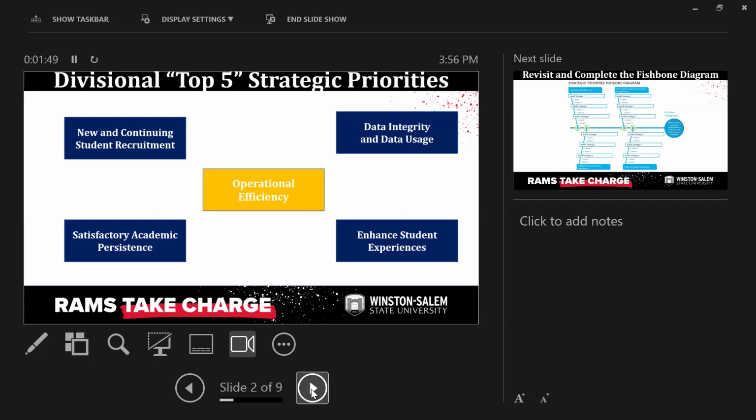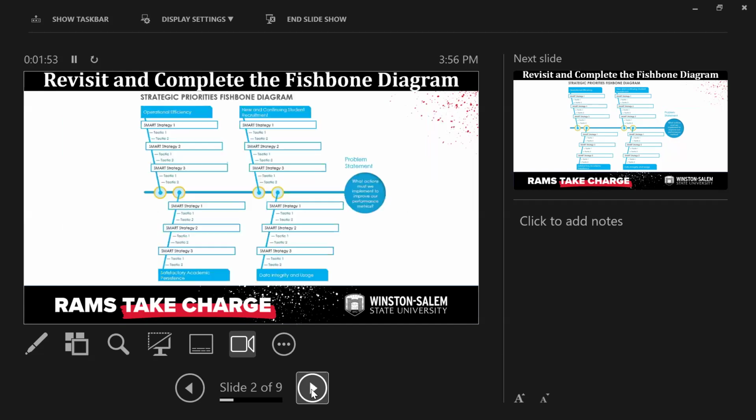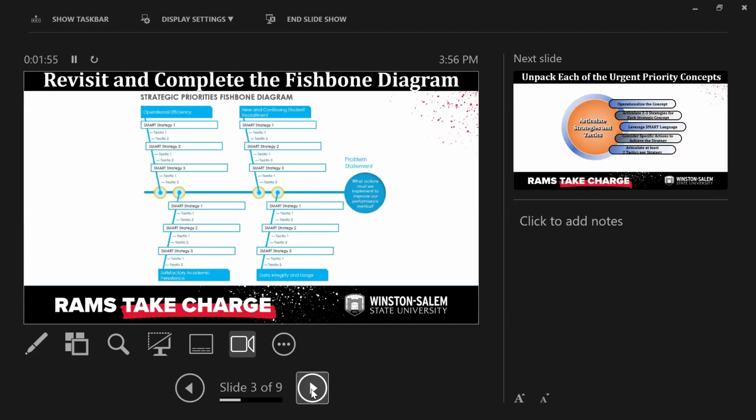So, we need to spend time unpacking each one of these priority concepts. My ask of you is to revisit and complete the fishbone diagram with these five concepts now integrated into it. Our job will be to take each concept and begin to articulate a SMART strategy for each one.